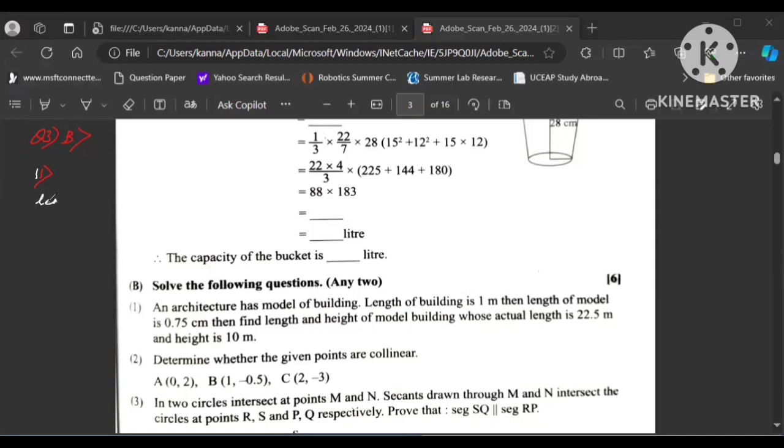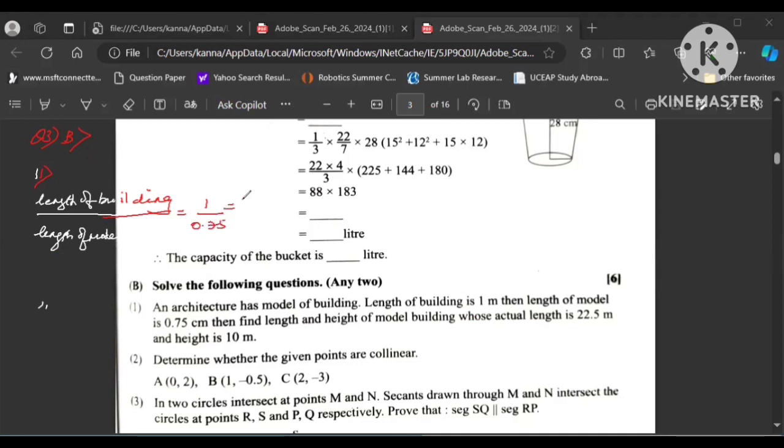The ratio of the length of the building upon the length of the model is given to you as 1 meter to 0.75 centimeter.